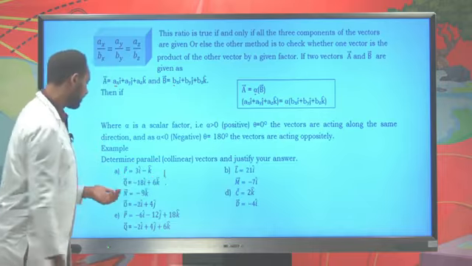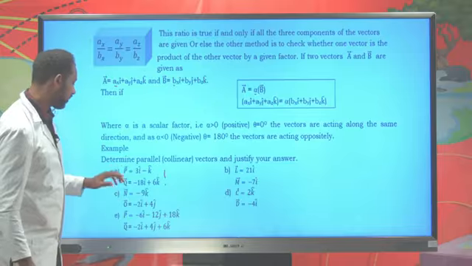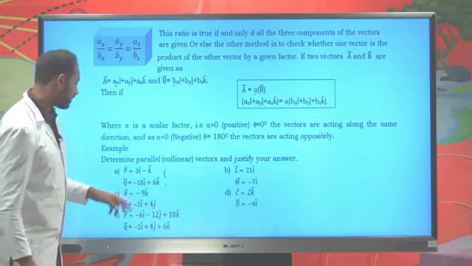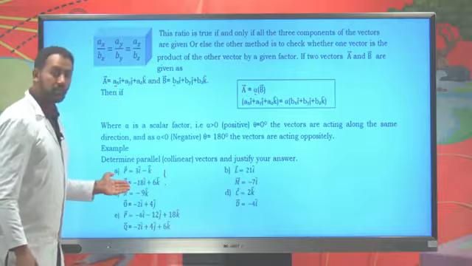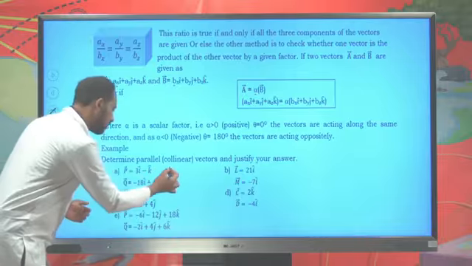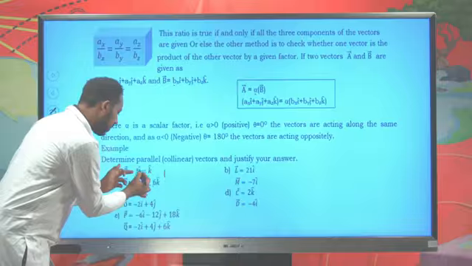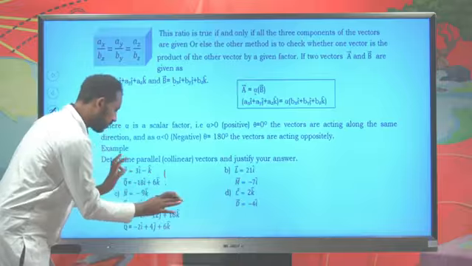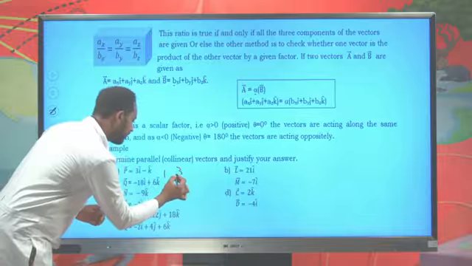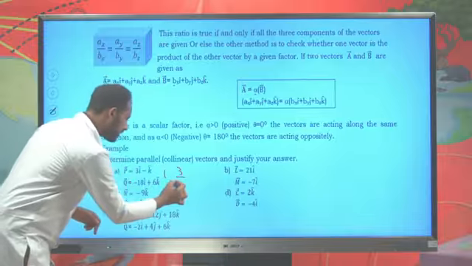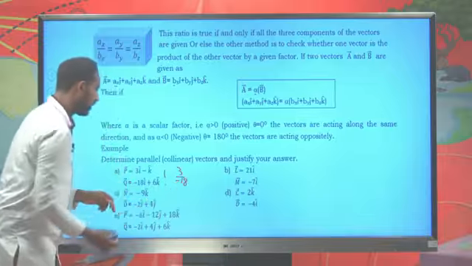Here you have two vectors, let's say p and q. p is 3i minus k. To check whether these two vectors are parallel or not, you compare the i component with i; there is no j component; and the k component with k. Therefore, 3 divided by minus 18, and minus 1 over 6.